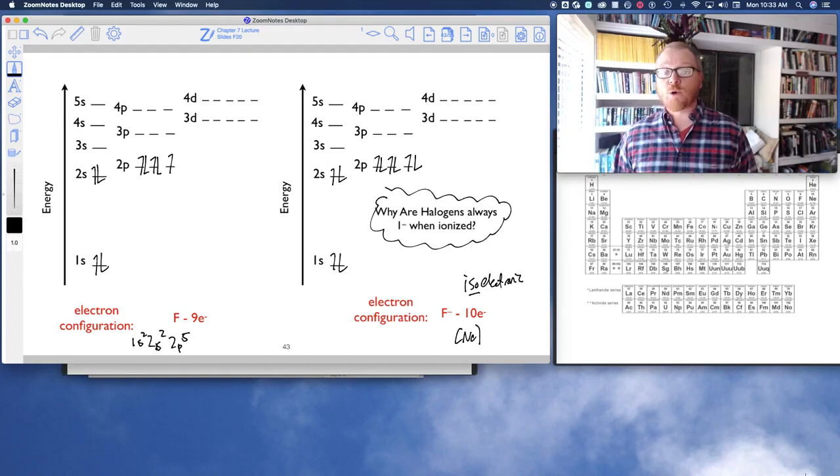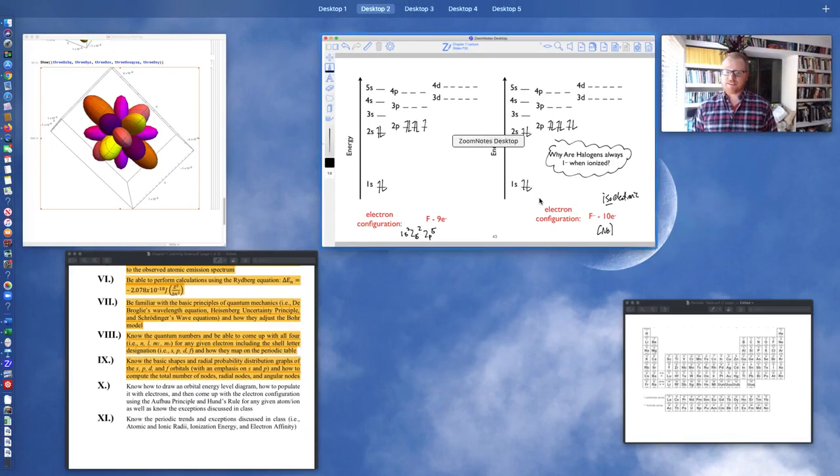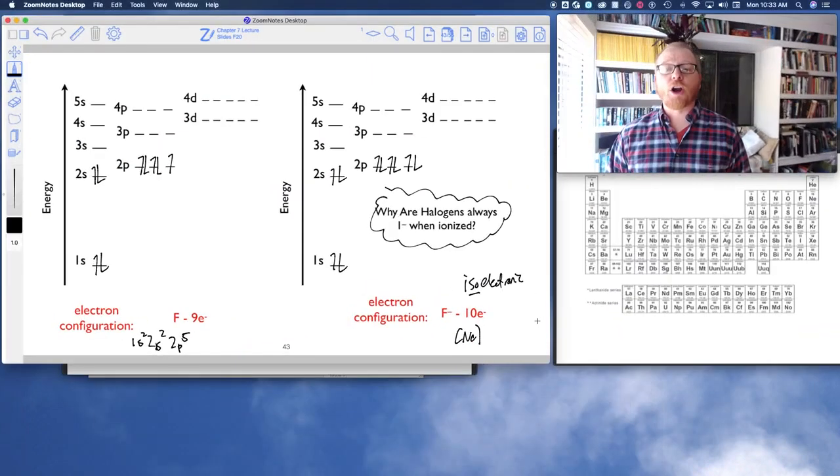So all of those trends, all of those charges that I made you memorize back in the beginning, like why is aluminum always 3+? Well, aluminum's always 3+ because now when I go positive, I go backwards, right? So aluminum is always 3+ because now I go 1, 2, 3.